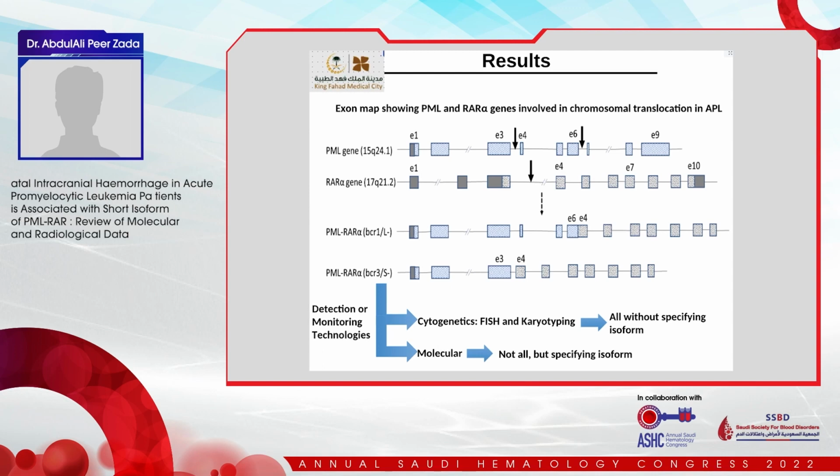We can detect or monitor these isoforms by cytogenetic, FISH, and karyotyping techniques, which in most cases detect, theoretically, all the isoforms of PML-RAR alpha without specifying the isoform. The molecular techniques, of course, cannot detect everything, like cryptic translocations, for instance, but they will specify the isoform we are detecting. Next, please.